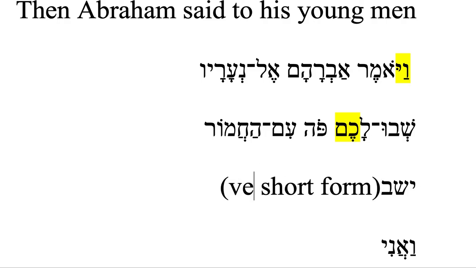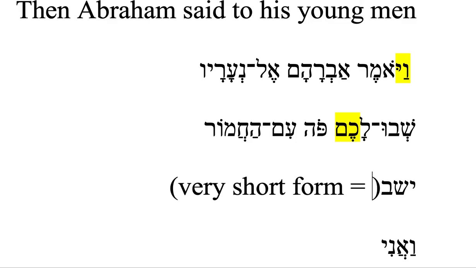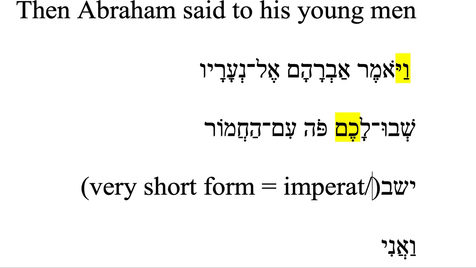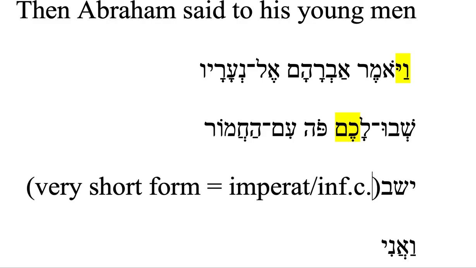Or very, very short form. And you know that those extremely short forms are either imperative or infinitive constructs. Okay, and they look identical, so then you have to look at the context. There are a few changes that you can see on the imperatives, but the imperative 2MS looks identical to infinitive construct.